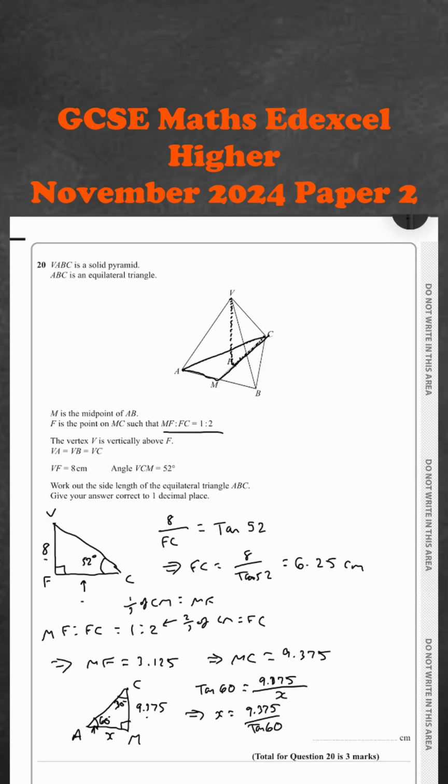On my calculator that gives me 5.41. And what we've just worked out is AM, this one here. Twice that gives us AB, which is one of the side lengths of the equilateral triangle. So our answer is 10.8 centimeters.